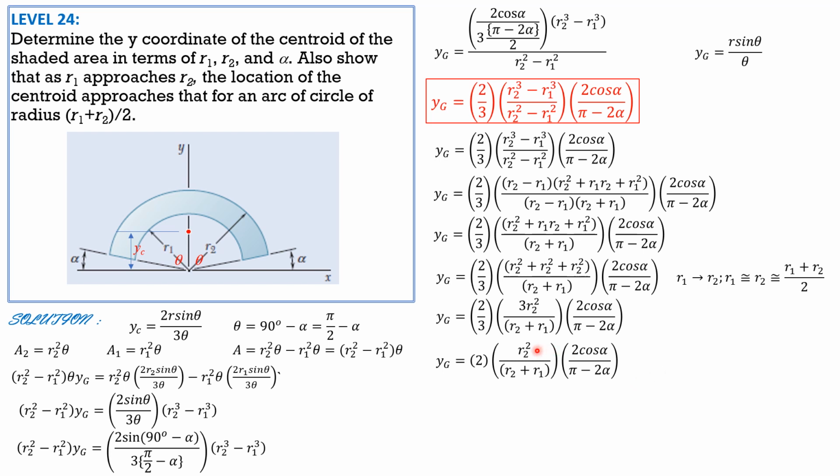So we replace r2 by r1 plus r2 over 2. So 2 quantity r2 plus r1 over 2, then quantity square over r2 plus r1, then quantity 2 cosine alpha over pi minus 2 alpha. So we can cancel r2 plus r1 here. So what is left here is r2 plus r1 over 4.